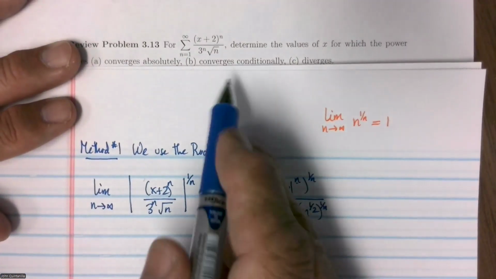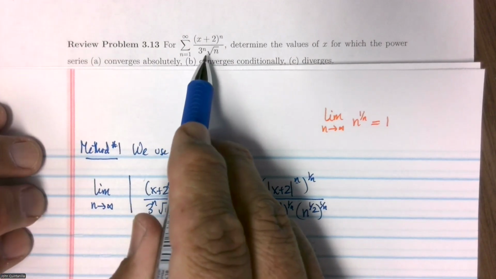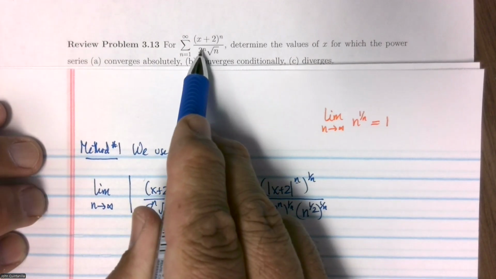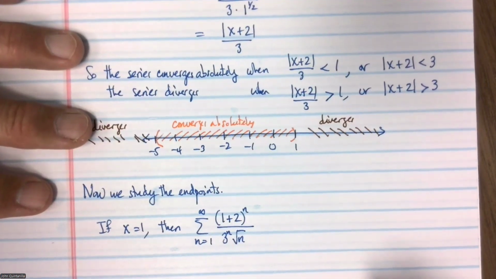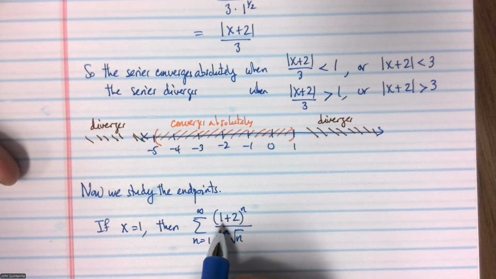If x is equal to 1, then I'm going to get 3 to the n over 3 to the n. So let's write that out. Summation n equals 1 to infinity of (1 plus 2) to the n over 3 to the n times square root of n. Sorry about that. If x is equal to 1, I would have x plus 2, (1 plus 2) to the n over 3 to the n times square root of n.